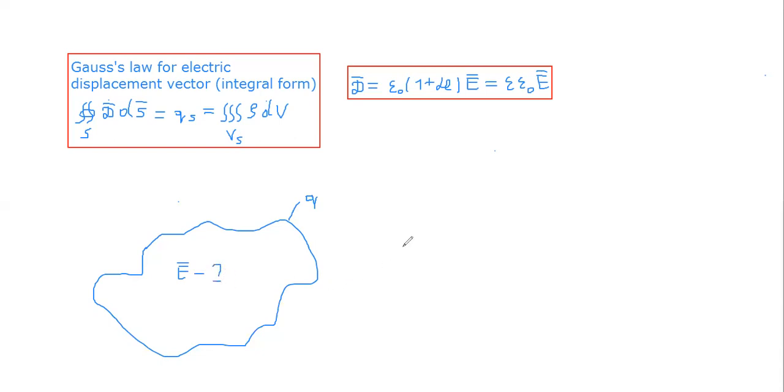Let's think about this. If E is not zero, if electric field intensity is not zero, electric charge will move inside the conductor, because there is electrostatic interaction between electric field and electric charge, and because of this interaction, electric charge will move.